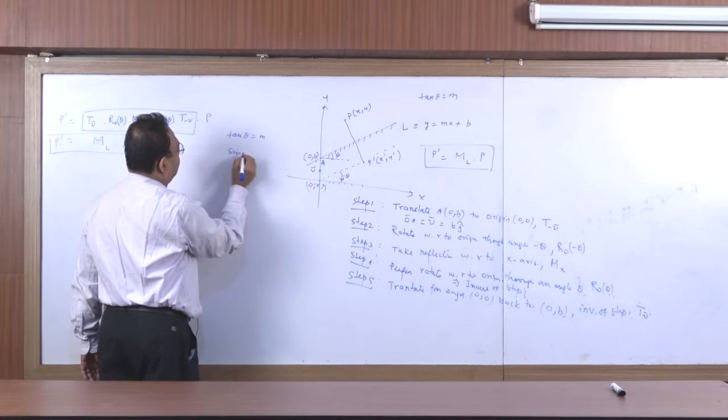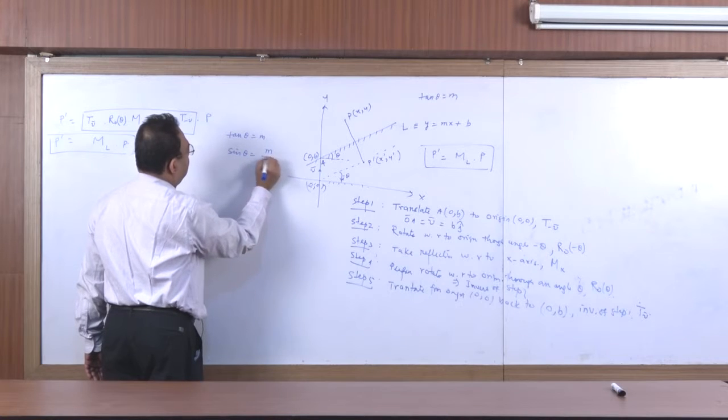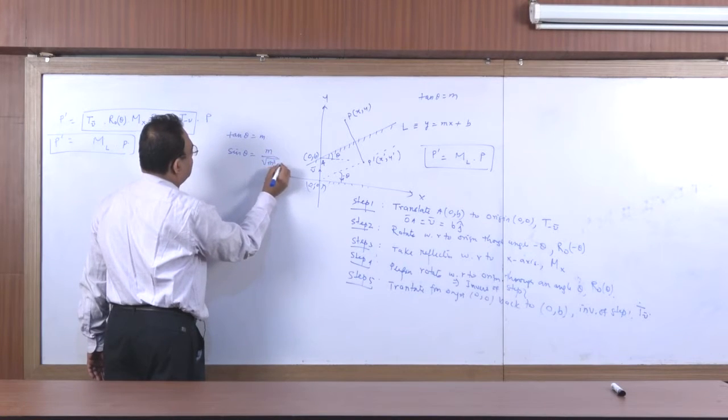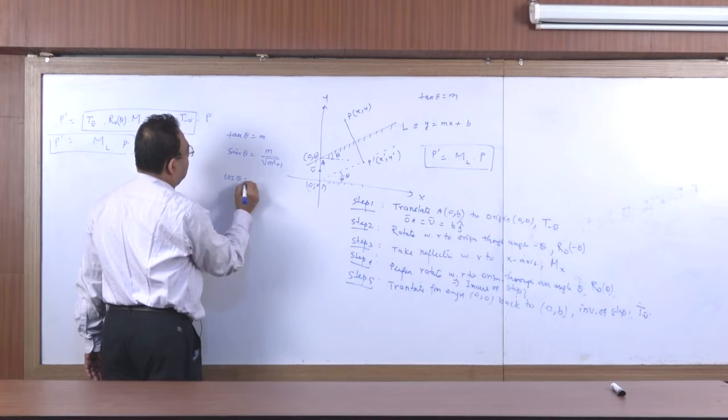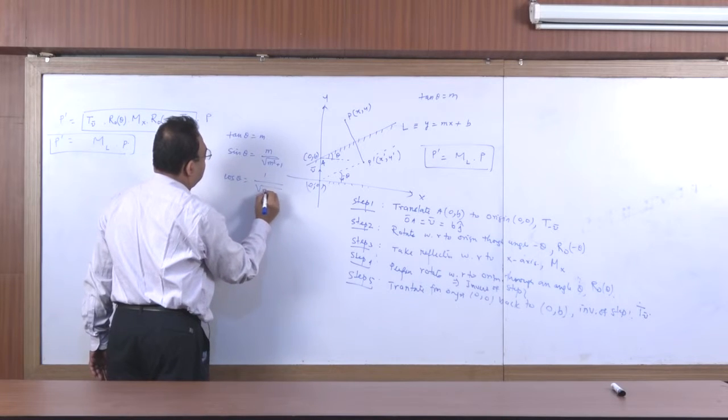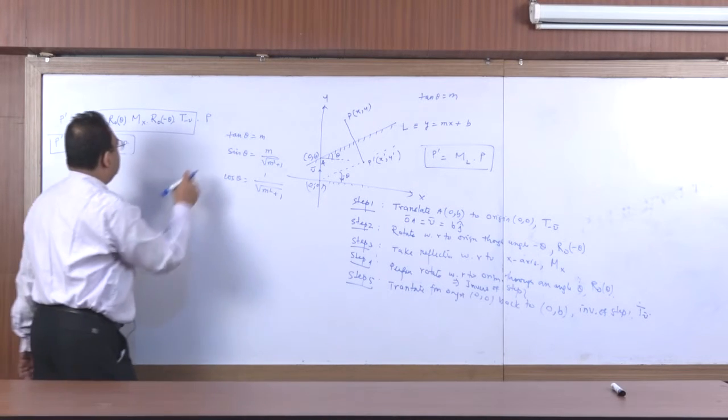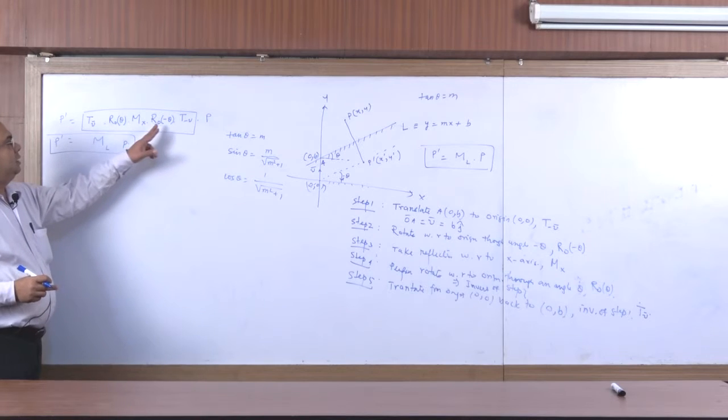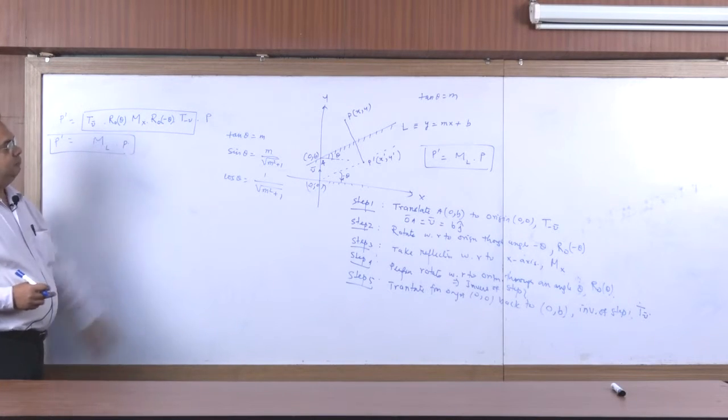So sin theta is equal to m by root over m square plus 1, and cos theta is 1 by root over m square plus 1.